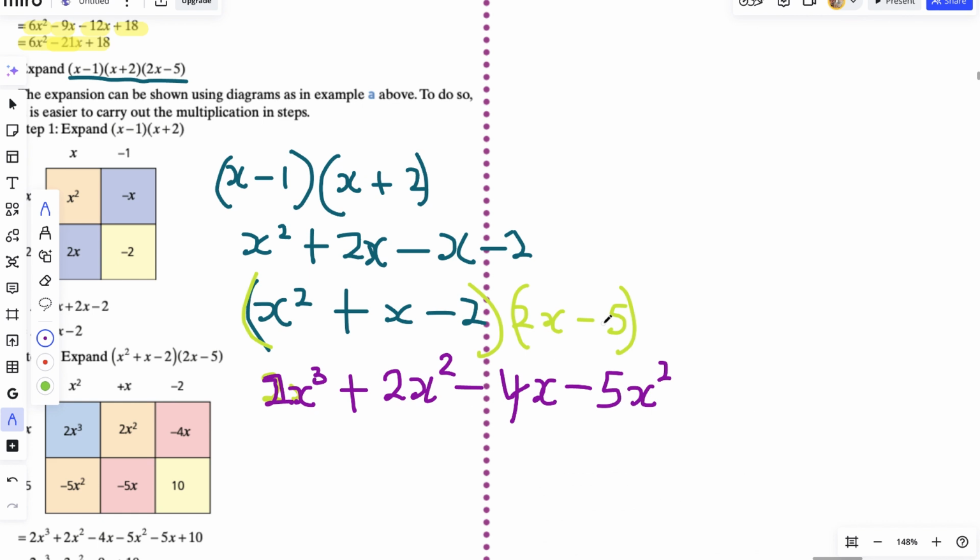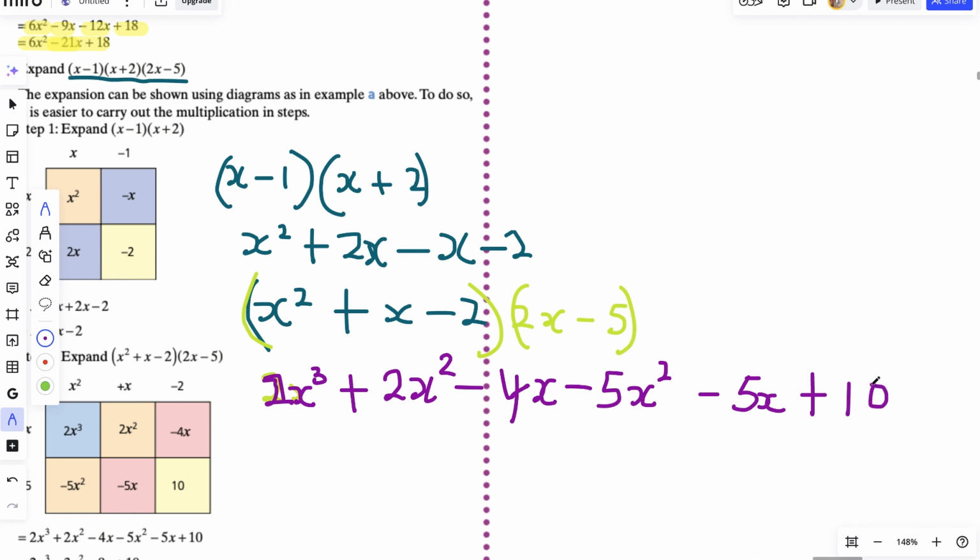We take this negative 5 to multiply positive x, and we get negative 5x. Then the next thing is negative 5 multiplied by negative 2. It becomes positive. Remember, negative times negative is positive. So we get positive 10.